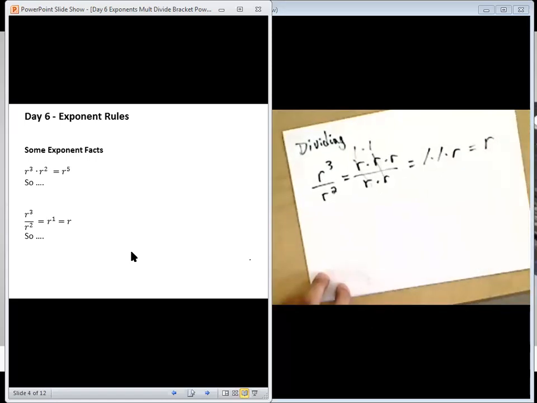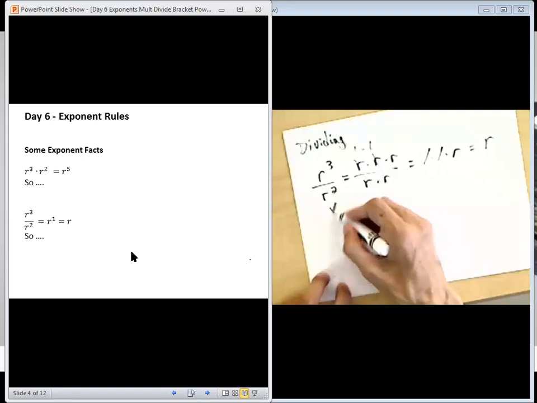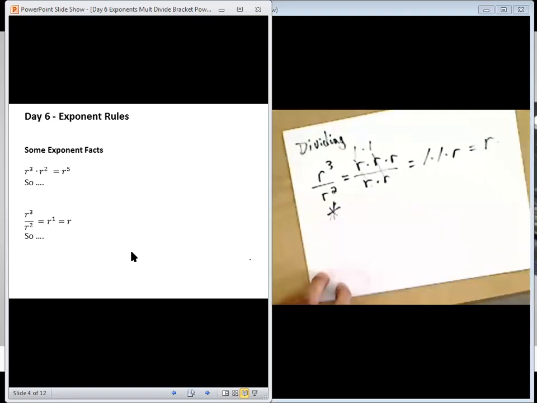Now the same goal as before is to make a connection between the original situation, the original question, and the result we get at the end there. So what do we do in this case?